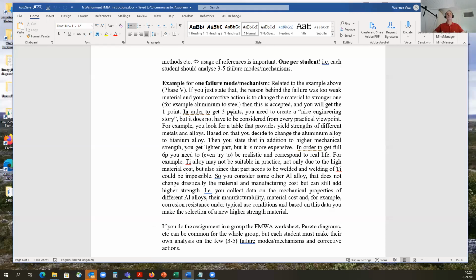So if you go through several different aluminum alloys, their different types of properties, how they would withstand different use conditions, and based on that you justify your selection, then you get the full points.